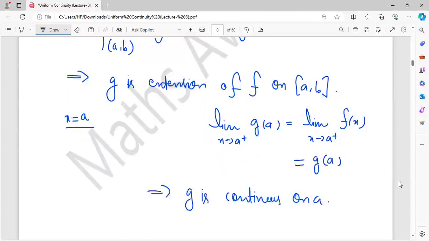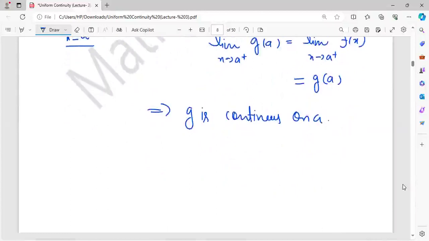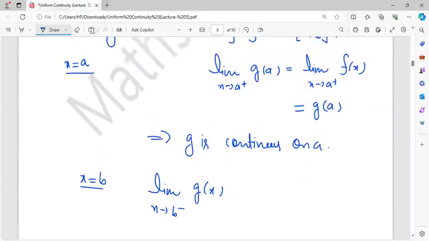continuous at a. Now, similarly, at x equal to b, what do we have? The limit as x tends to b minus of g(x), we are approaching b from the left.